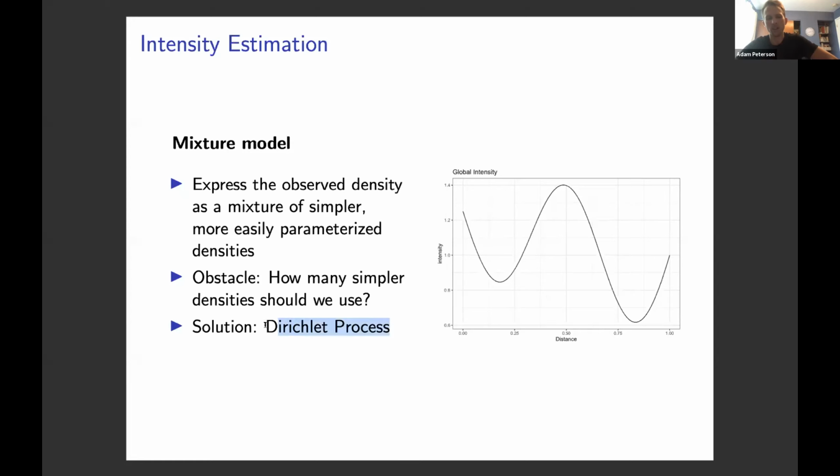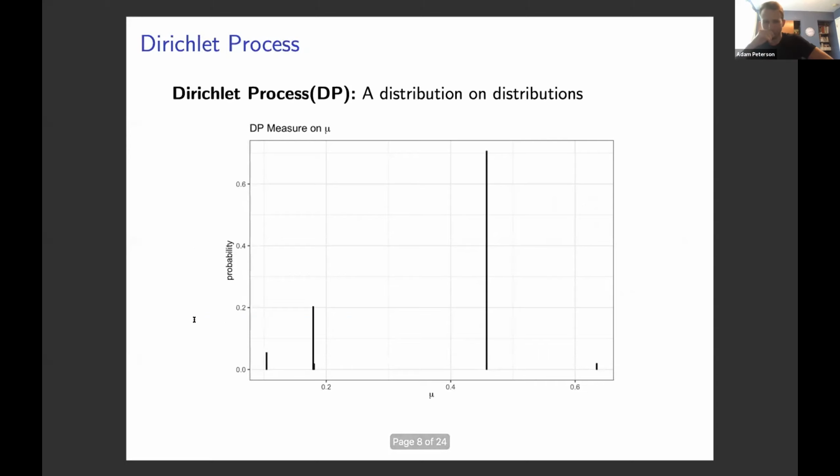So what's a very cool solution in Bayesian non-parametrics that's been developed is this distribution on distributions, basically a Dirichlet process. And I have one realization of what a Dirichlet process looks like on this slide. Here I'm just saying, just pick a parameter mu, and here is one realization from a Dirichlet process on this parameter mu. So you can see it's a discrete mass function, a probability mass function.